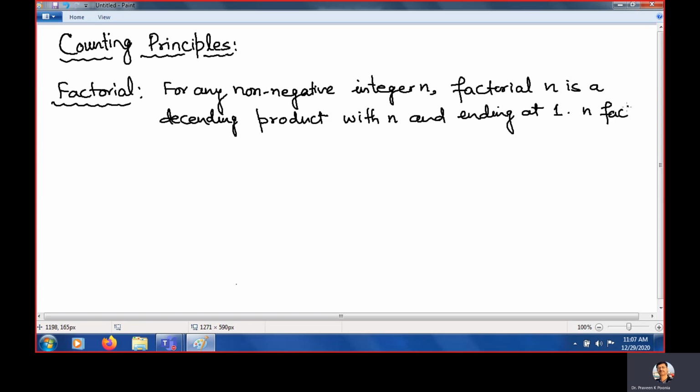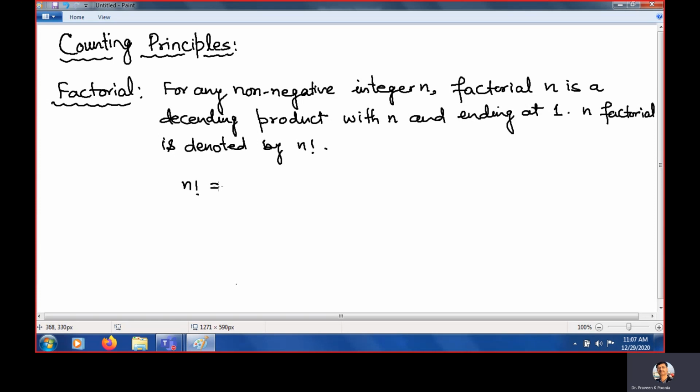N factorial is denoted by n followed by an exclamation mark.